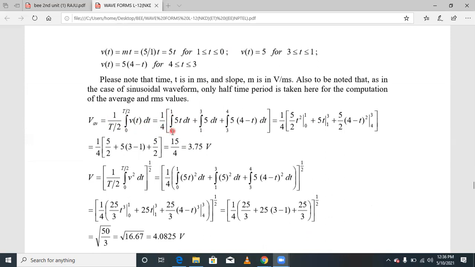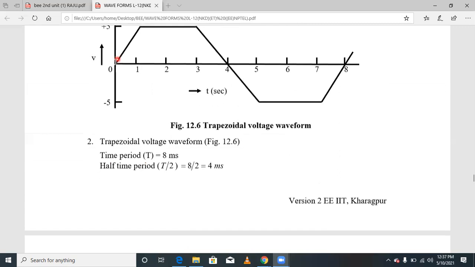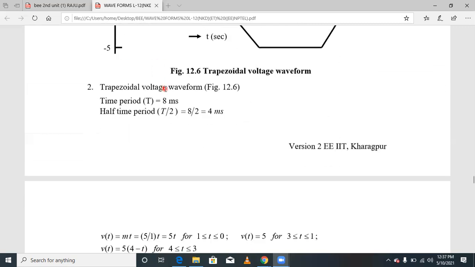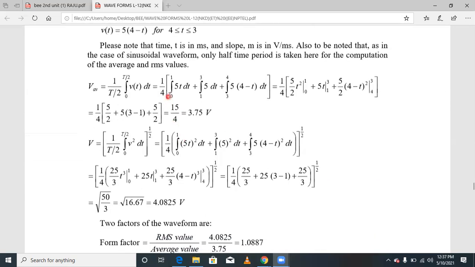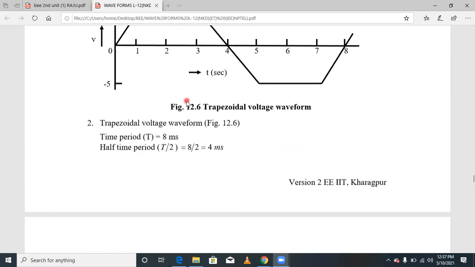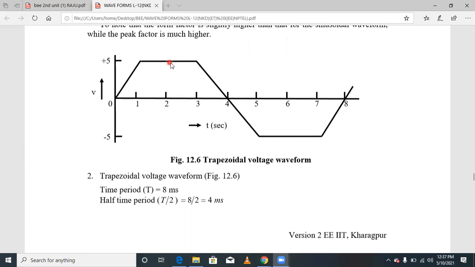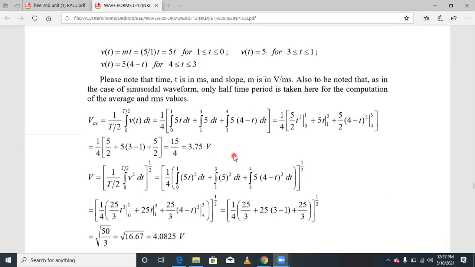So 1 by 4 integral 0 to 1, in between 0 to 1 we have to find the average value. That is 5t, a triangular slope increasing, it's a ramp function. So 1 by 4 integral 0 to 1 of 5t dt. And then in between 1 and 3, only constant 5, so 5 into dt.